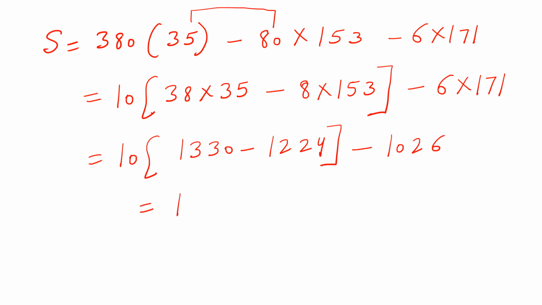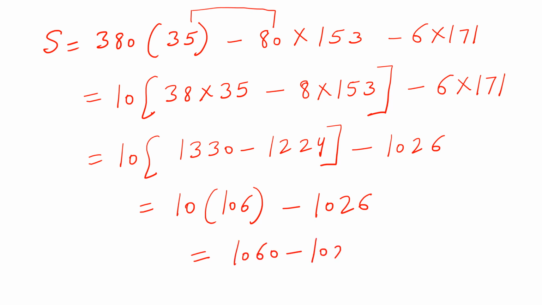Now this is 10 into 106 minus 1026. Now students, this is 1060 minus 1026 and the final answer comes as 34. So 34 is the correct answer of this question.